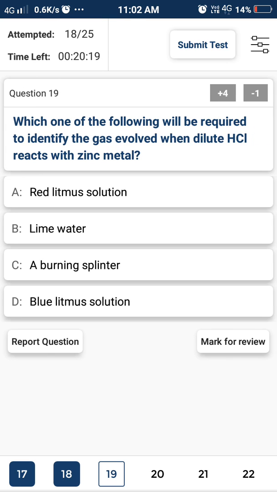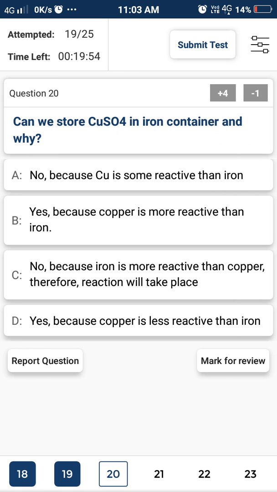Which of the following will be required to identify the gas produced when dilute hydrochloric acid is added? HCl plus Zn, then red litmus solution.